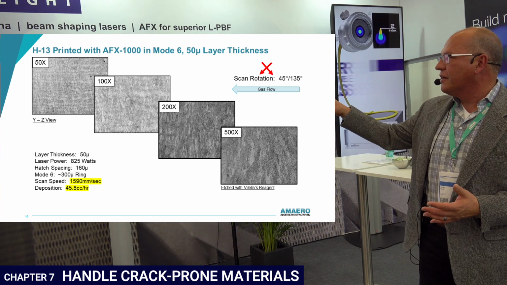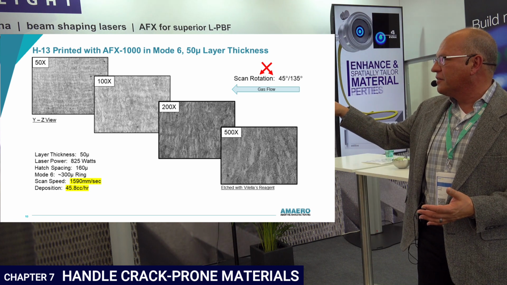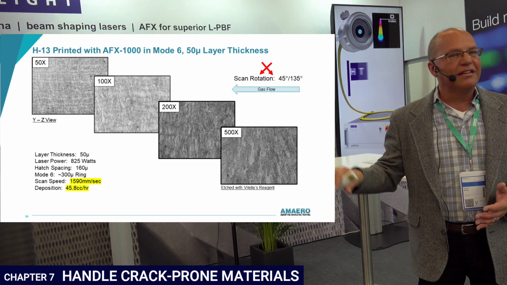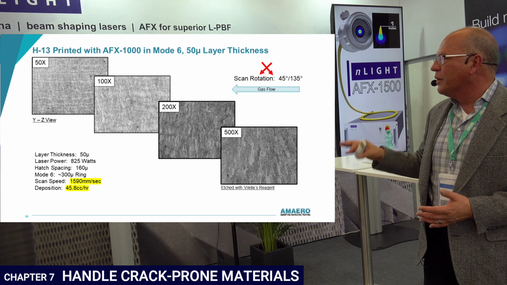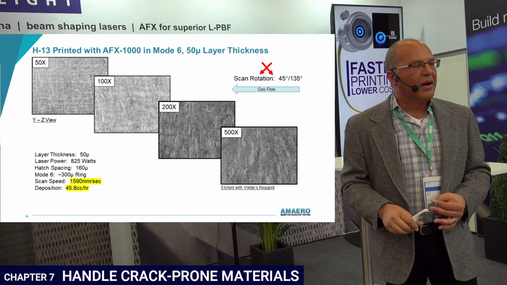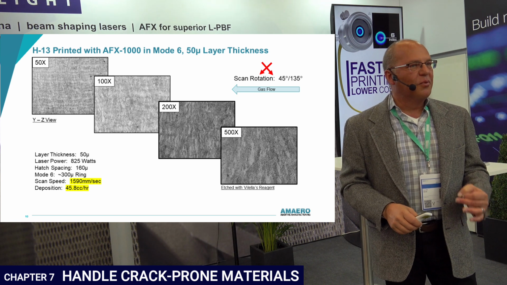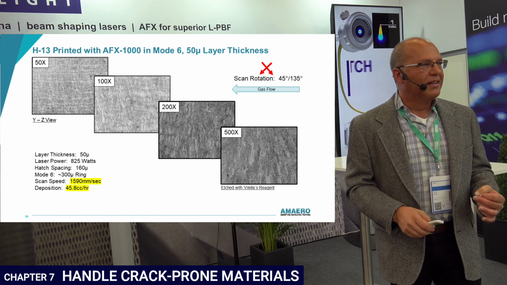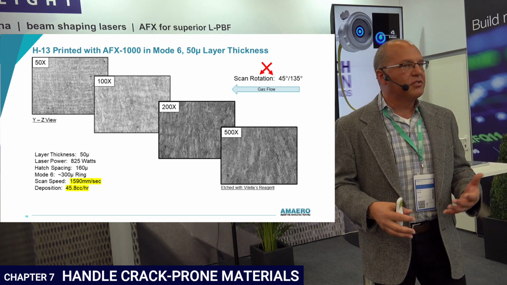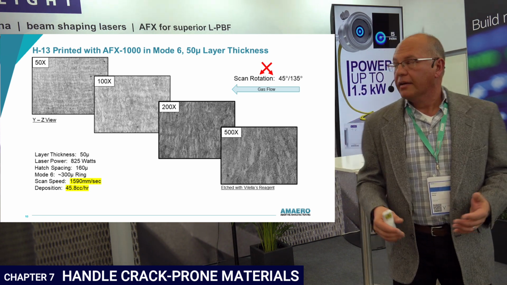So at 50 micron layers, 800 watts, 160 micron hatch spacing, mode 6 ring, scanning at nearly 1600 millimeters per second, we were depositing at 45 cc's an hour. That was 7 times more than we were depositing before. And that's almost twice what we consider a productive amount of deposition, even in a friendly alloy.